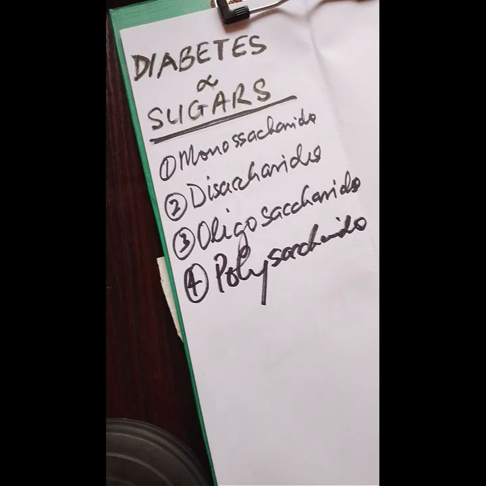So among the carbohydrates, we have different classes called monosaccharides, disaccharides, oligosaccharides, and polysaccharides. And these different classes of compounds affect how the blood sugar behaves and how well diabetes is managed and controlled.